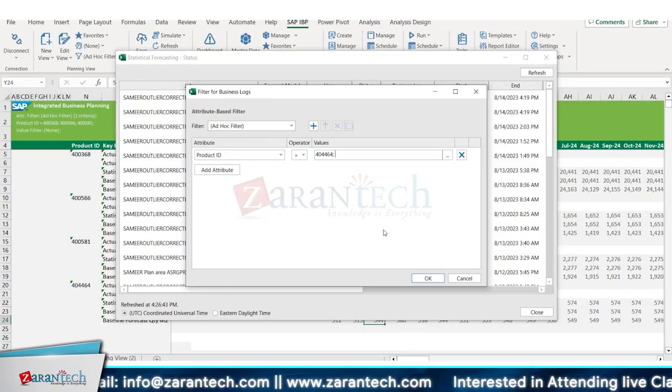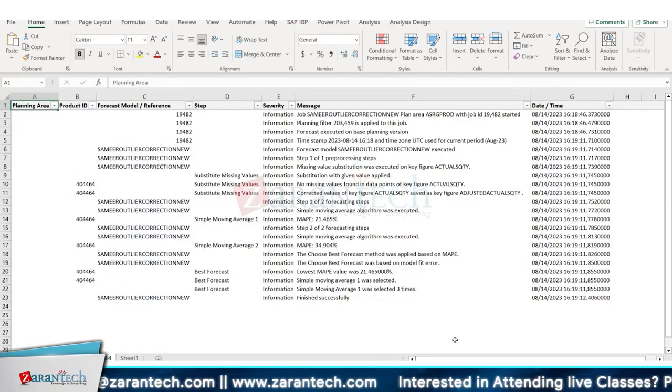See now, the system is giving the planning area, then product ID 404464. First, substitute missing value was applied. There was no missing value found in the points, because all your quantities were actuals. If you click on this, you will find the missing values for the first product. Then the third thing it did is corrected value for key figure, sales actual quantity.